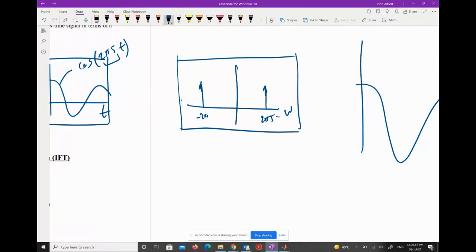So when we represent a signal using a sum of sines and cosines, we are basically saying what are the contents of that signal at that specific frequency, and at that specific frequency, and at that specific frequency.